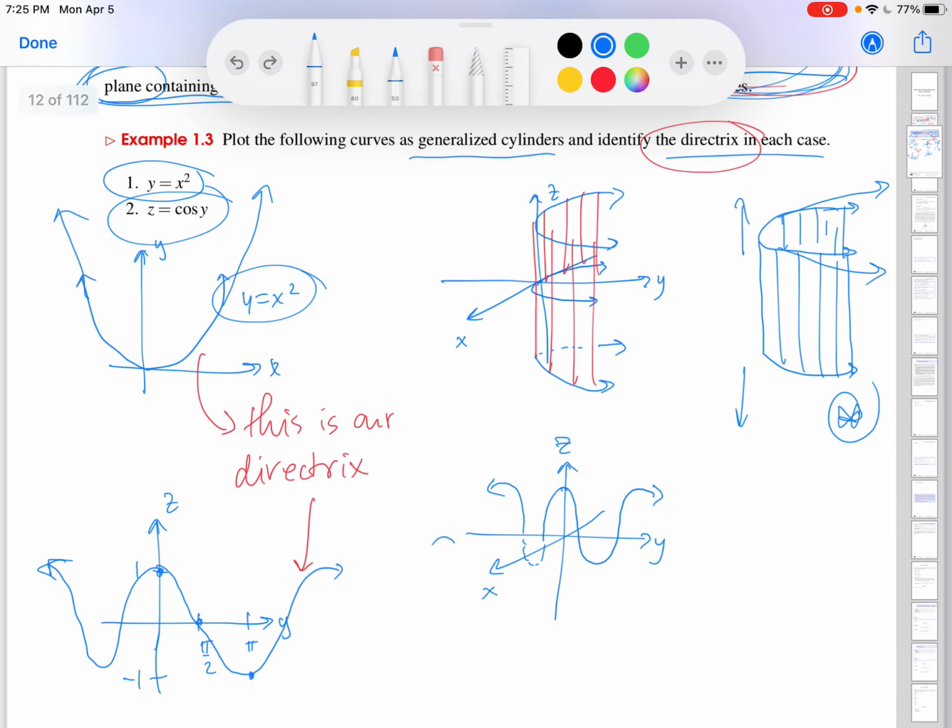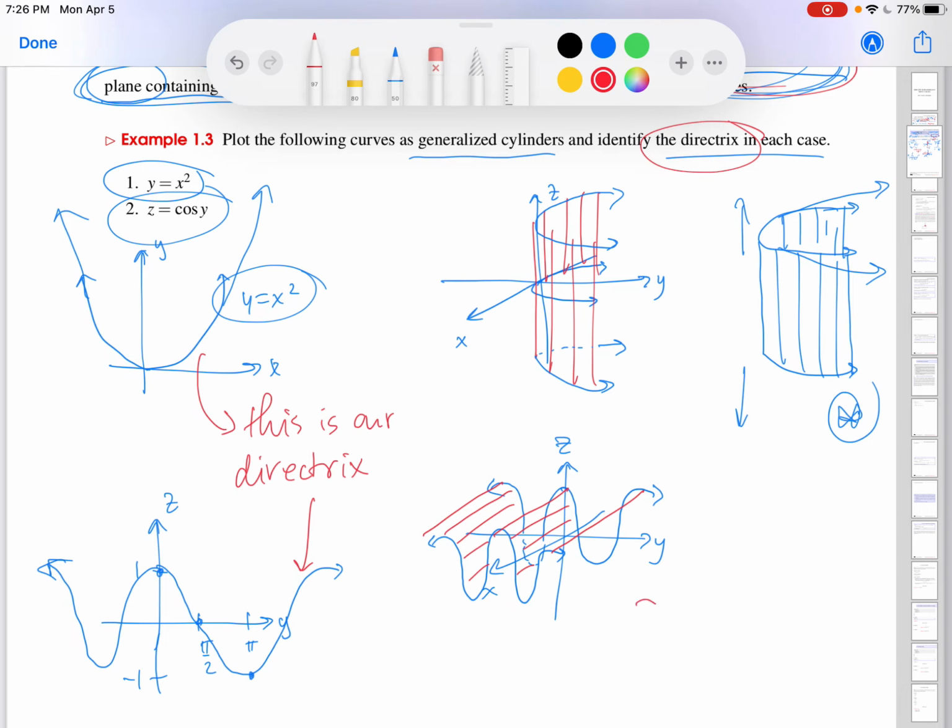So I'm going to do basically the same thing I did before, and plot this curve again over here, and then I'm going to draw rulings that are parallel to the x-axis, right? This one is even harder to draw than the one before, but hopefully you can get a sense of what this generalized cylinder looks like.